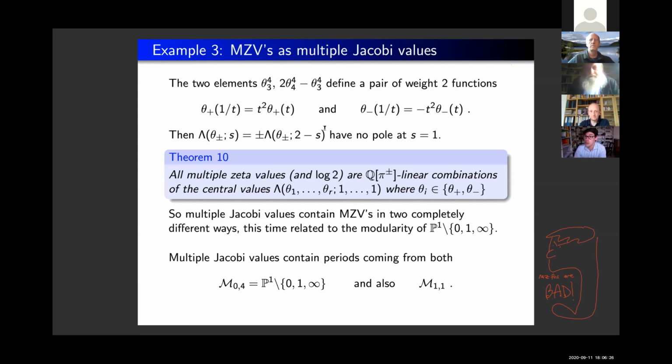So you get some new filtration on multiple zetas, which will be stable under the coaction. So yes, I think your question is a great question. I'm sure stuff like that is out there, but I don't have anything in mind apart from this very special situation. Great, thanks a lot.